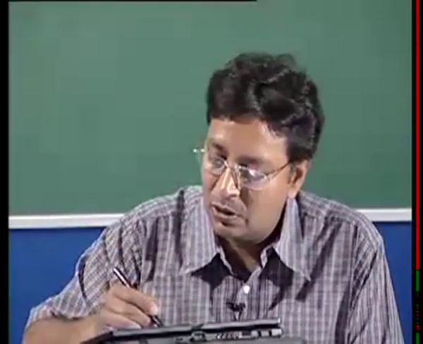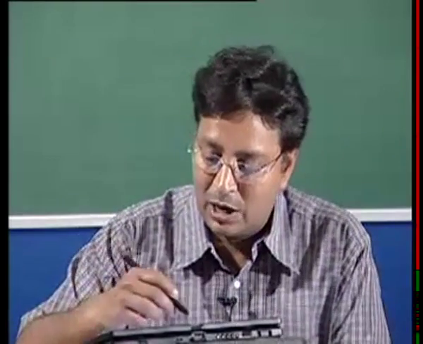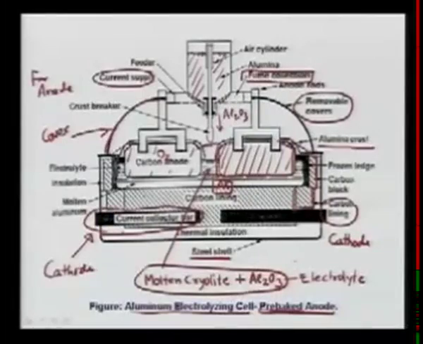That's what is called already baked, so we call this pre-baked. But why do we need to say pre-baked? Because this system, what I'm defining to you right now, is a pre-baked anode, but there are technologies where the anode need not be pre-baked, and we'll see those in a moment.